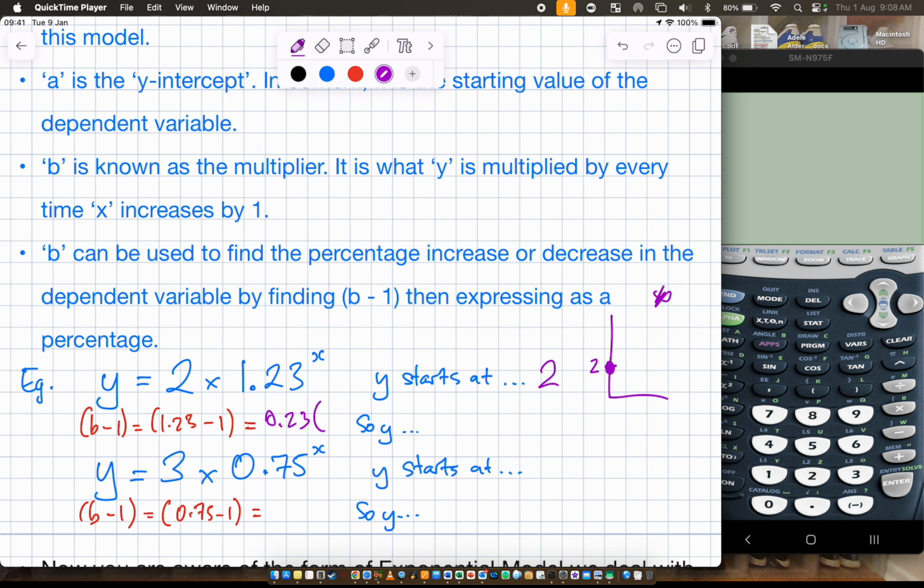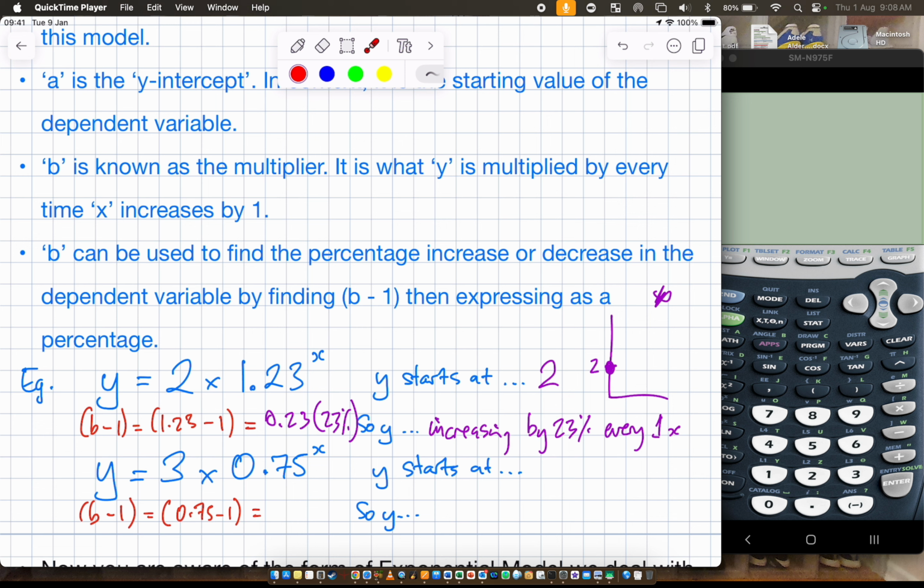So what is 0.23 as a percentage? Good. So what is that telling you about what Y is doing? It's increasing by 23% every 1x. So how is this graph going to curve? Is it going to curve upwards or is it going to curve downwards?